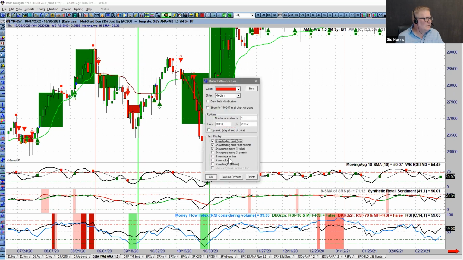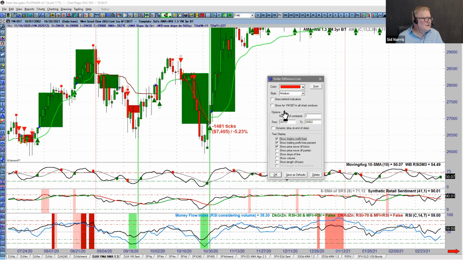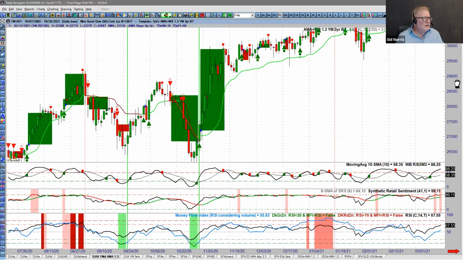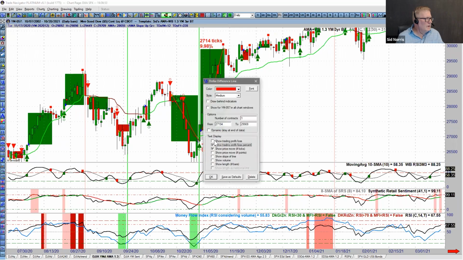$7,400 profit on that one trade. And then the very next trade was an even larger winner, but this one was going along. $13,570 winner.